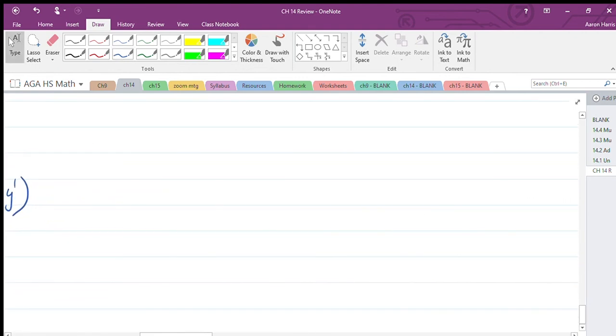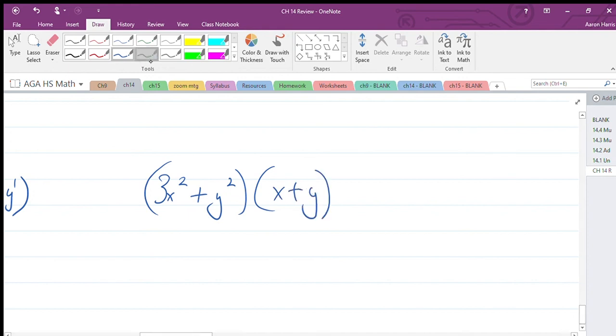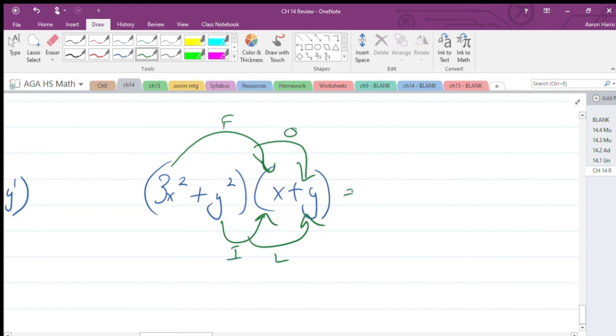So let's do another one. Let's say 3x squared plus y squared. I want to multiply that by just a plain old xy. So again, distribute each term. First, outer, inner, last. So that gives me what? 3x squared times x, first one.